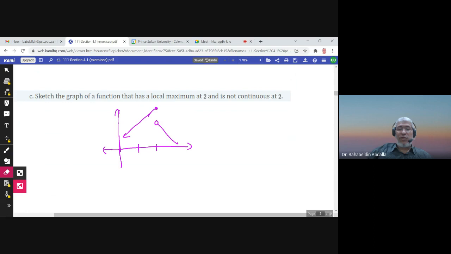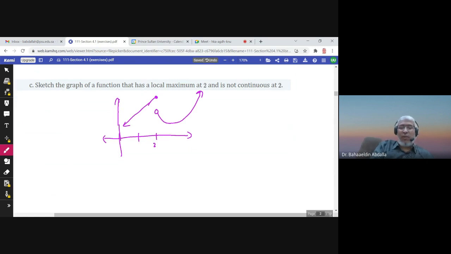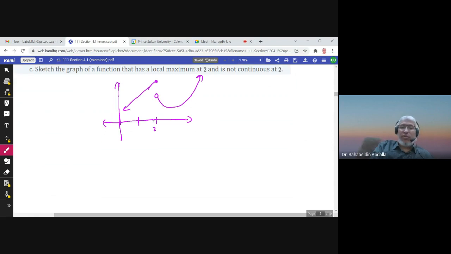Of course, this doesn't have to go as a straight line. You could do it like this if you like. Anyway, at 2, it has a local maximum, and it's not continuous at 2 because in an interval around 2, f of 2 is higher than all the numbers around 2.